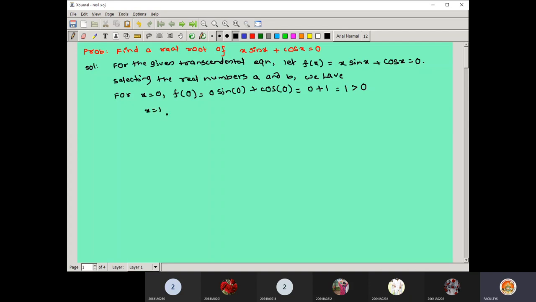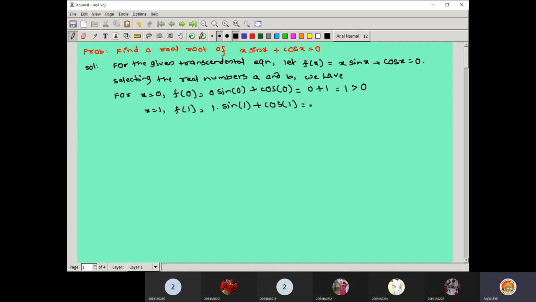Now go for x equal to 1, so f of 1 equals 1 sin of 1 plus cos of 1. Open your calculator and find that value. Remember, since it involves trigonometric functions, it should be in radians.